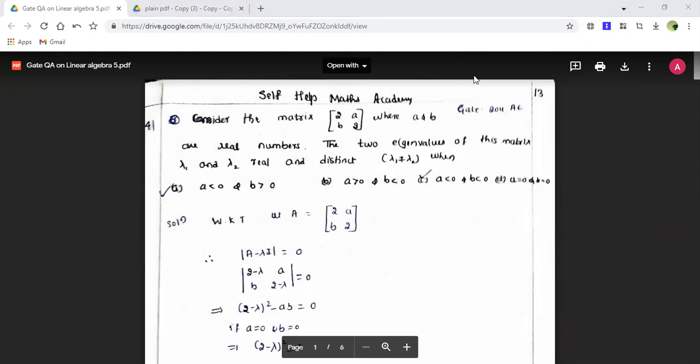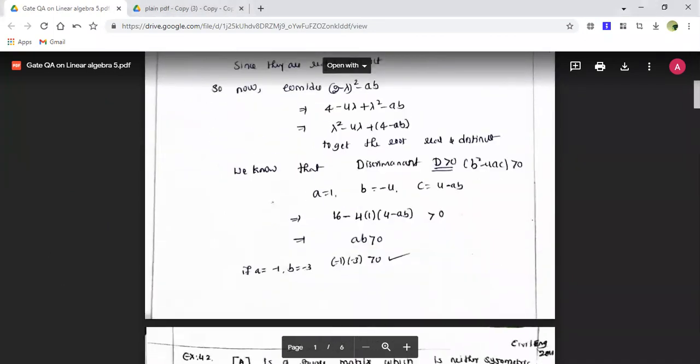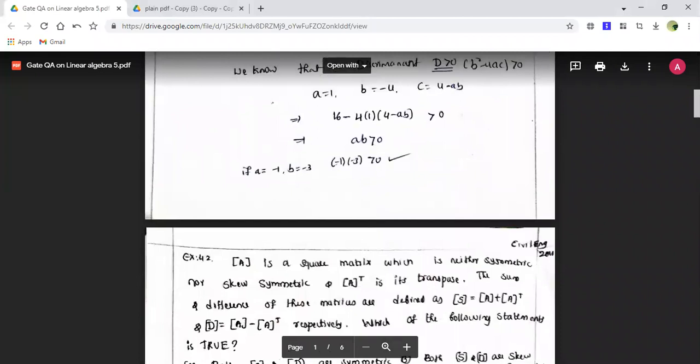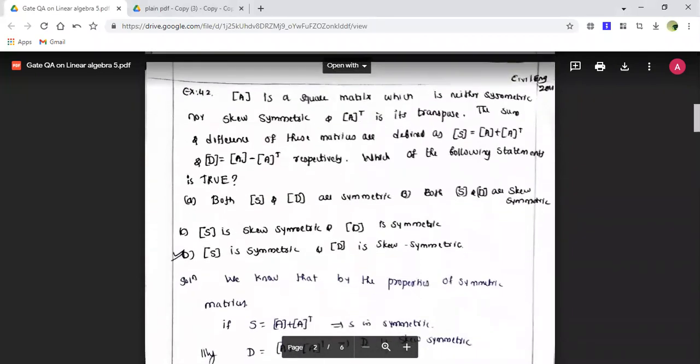Now let's go to the next question. This is just a solution, guys, which I have already done. The matrix A is a square matrix which is neither symmetric nor skew symmetric, and A transpose is its transpose.